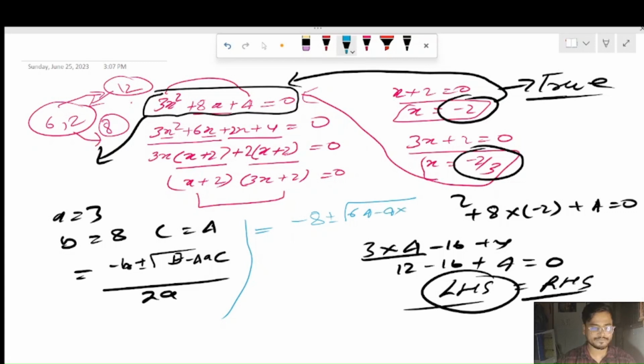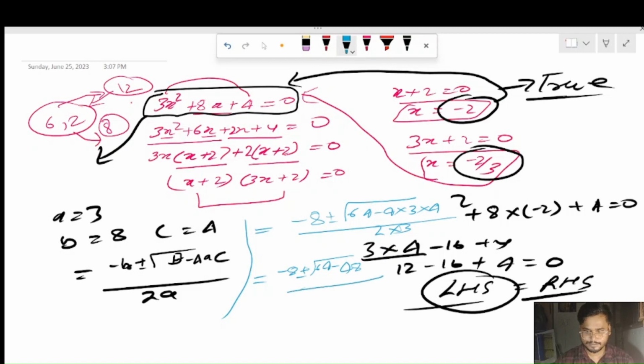What is the value of a? 3, multiplied by the value of c, which is 4, whole upon 2 multiplied by the value of a, which is 3. So minus 8 plus or minus under root 64 minus, when we multiply 4 by 3 it will be 12, and 12 multiplied by 4 will become 48.